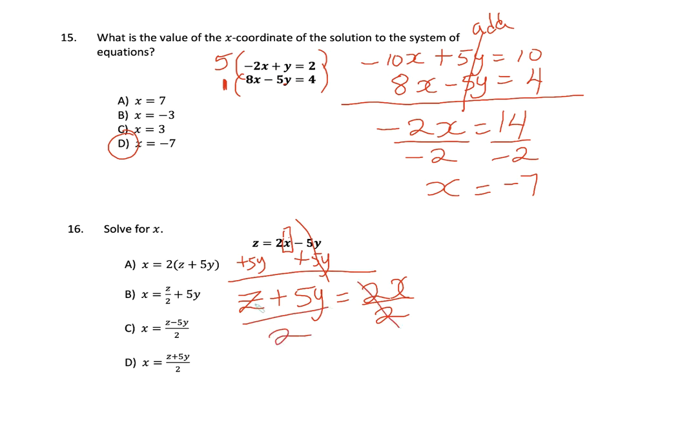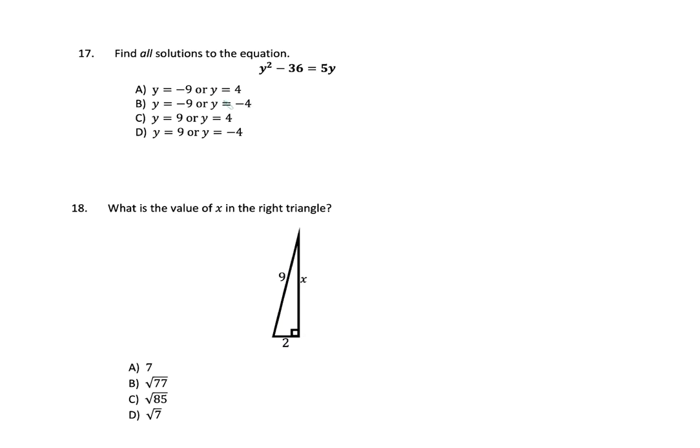That cancels. So I'm looking for z plus 5y divided by 2, and my answer is D. Whenever you have a literal equation, they're going to ask you to solve for a specific variable. Here we had 3 variables, but they want us to solve for x.